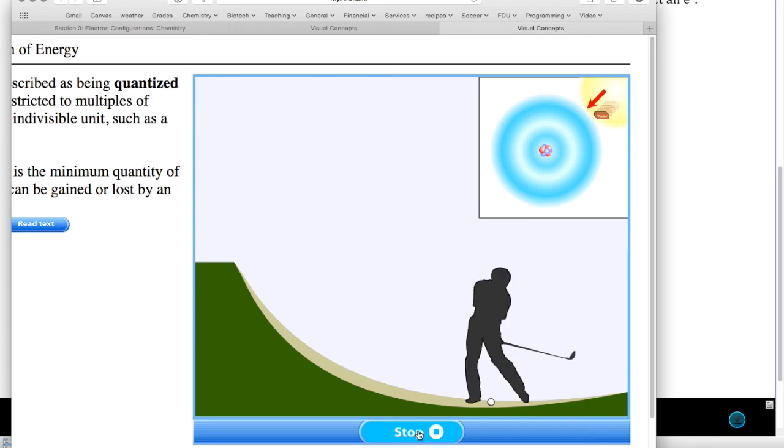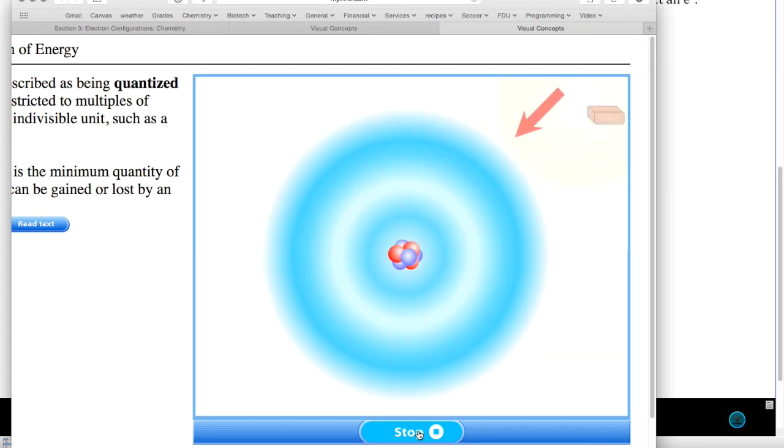With enough energy in a single hit, the ball escapes from the pit. Similarly, if the packet of energy is not large enough, the atom is unaffected, despite the fact that the packets of energy keep coming. If the packet of energy is sufficiently large, however, the atom is affected. An electron, for instance, may become excited.